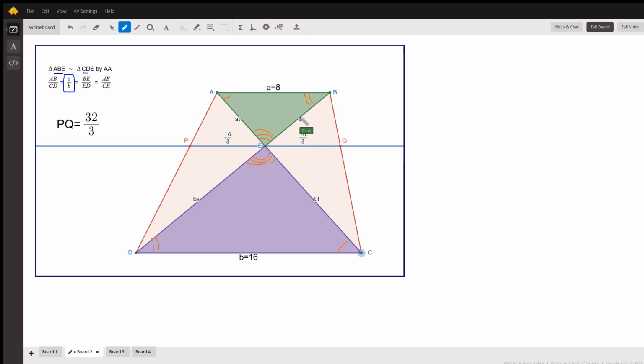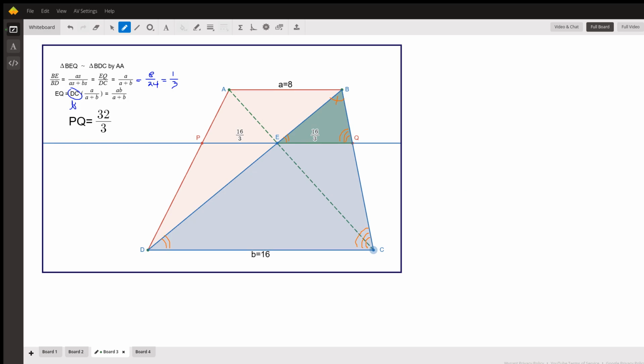And so I put a multiplier on here of S. But if you put AS over BS, you get A over B. And the same for the ratio of AE to EC, it reduces to A over B. Okay, so we want to remember that for the next diagram.